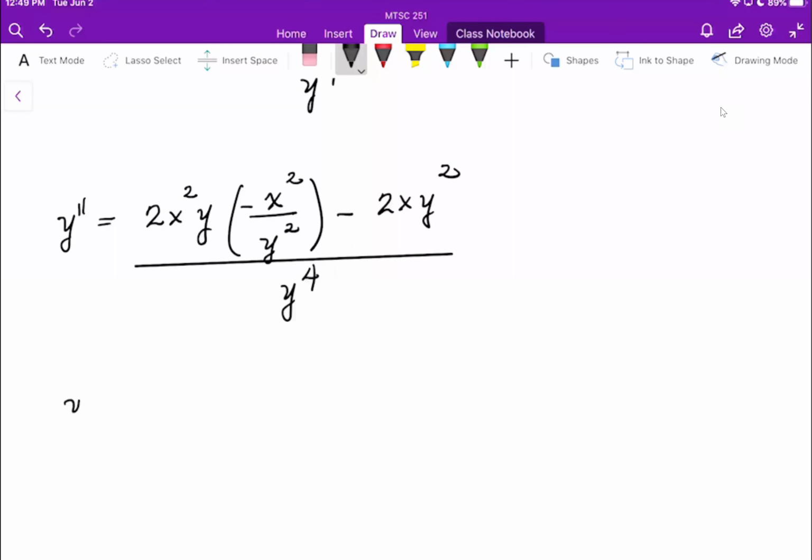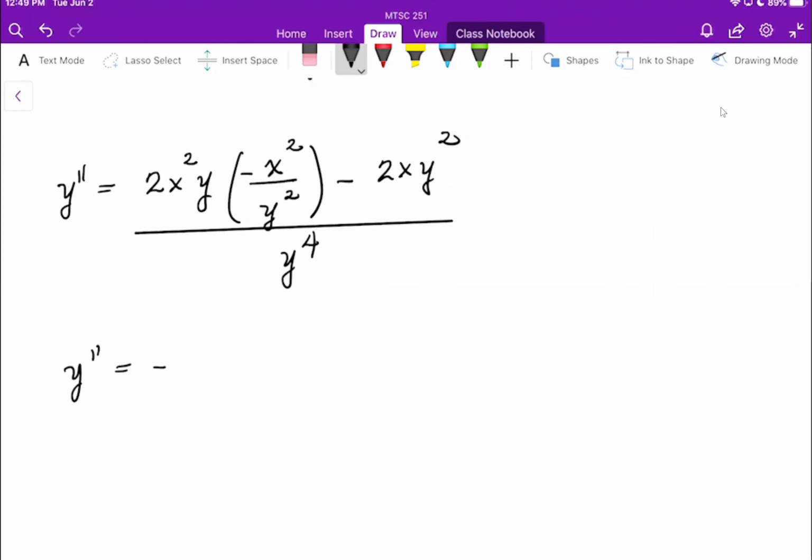So now we get y double prime is minus 2x to the fourth minus 2xy cubed over y to the fifth.